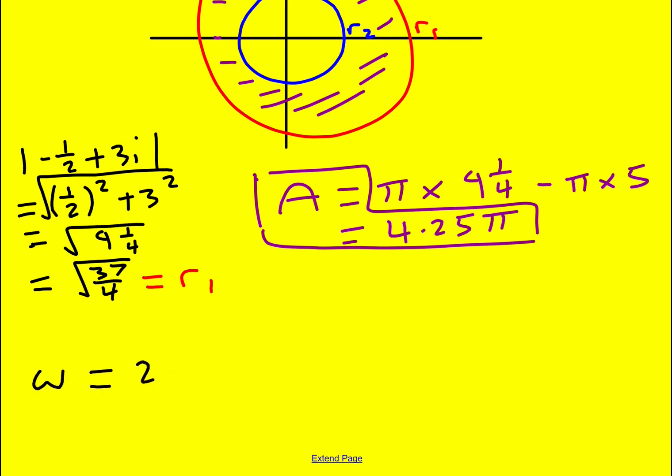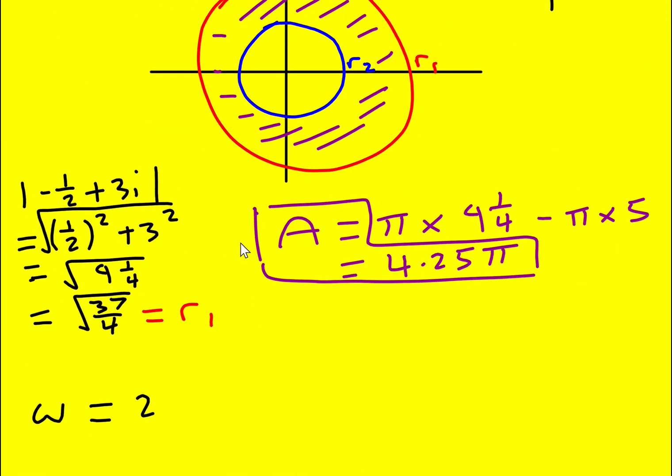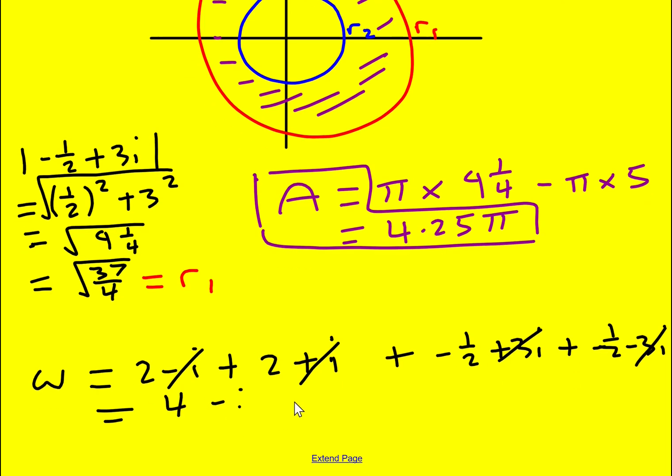We've got 2 minus i plus 2 plus i. Hey, the i's are going to cancel, brilliant. Plus minus a half plus 3i plus minus a half minus 3i. The 3i's are going to cancel. That's going to give me 4 minus 1 which is equal to 3.